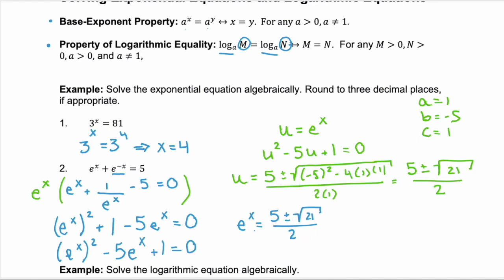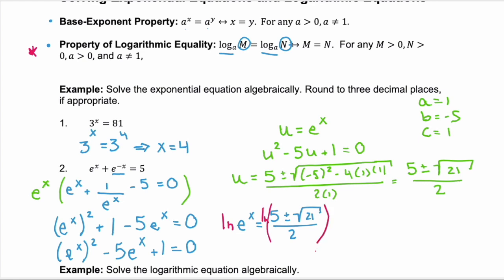Now, how do we solve for x? This is where we're going to use that second property, the property of logarithmic equality. If I take the log of both sides, then what I'm taking the log of ends up being equal. Well, since we have e on the left, we're going to take the natural log of both sides.